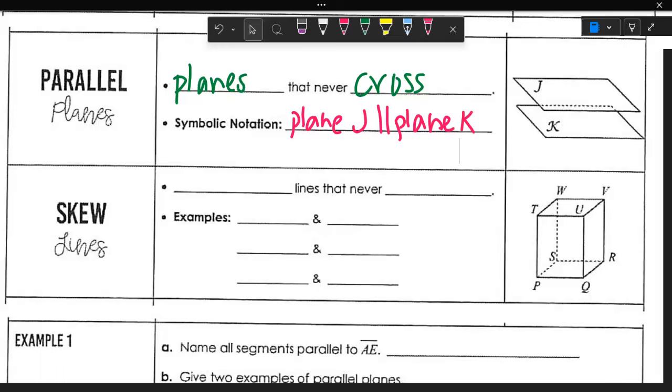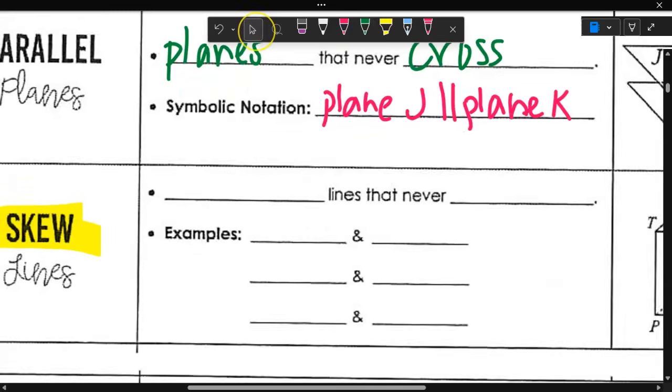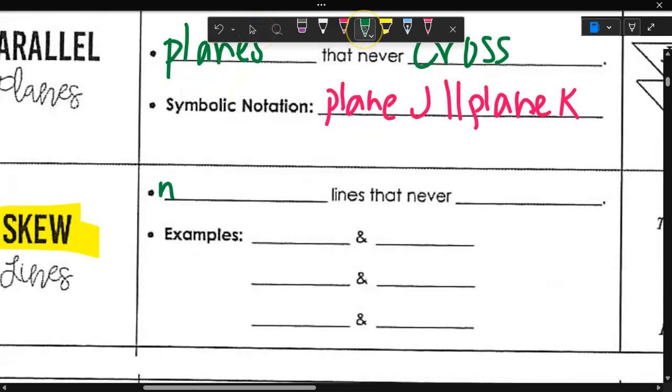All right. Next, we have skew lines. This is a new word for us, but skew, that's how you say it, skew. Skew lines are non-coplanar. So what does that mean?